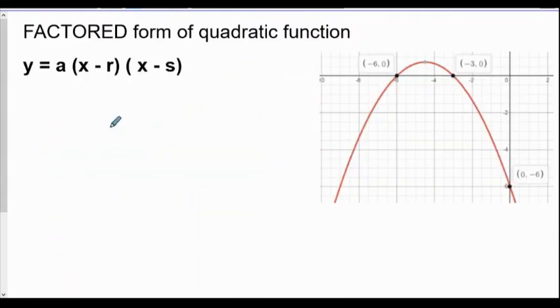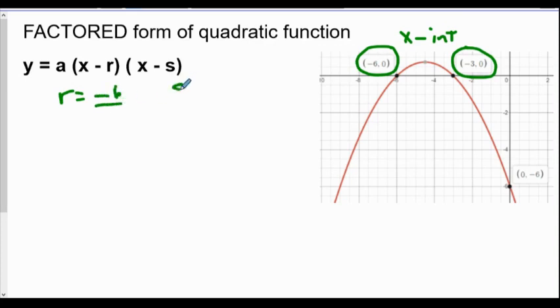Let's do one more example. Okay, here we are again. I have a graph, and once again, it's giving me my x-intercepts right here. Those are my x-intercepts. So I'm going to use -6 and -3. How about r is -6, s equals -3.